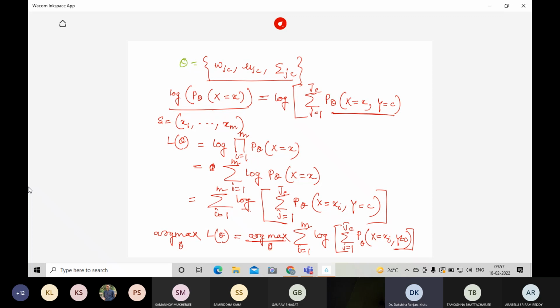We know how to minimize a function, and how to maximize a function, so a similar convention is applied here to get the maximization of function L theta. L theta is nothing but the log likelihood function.